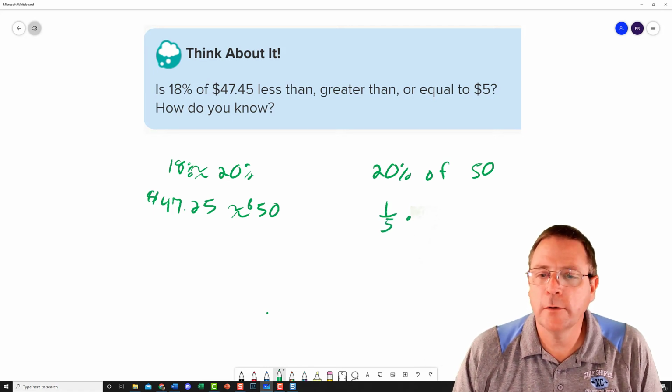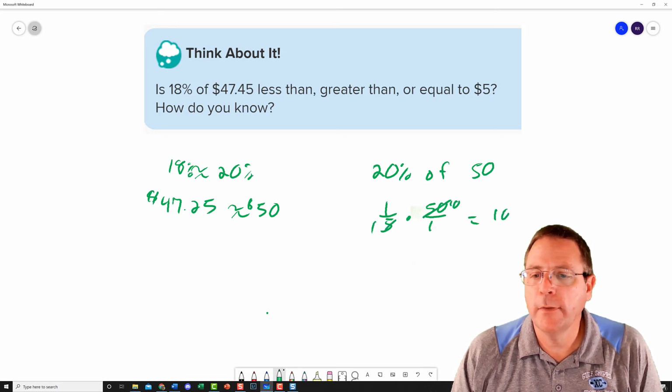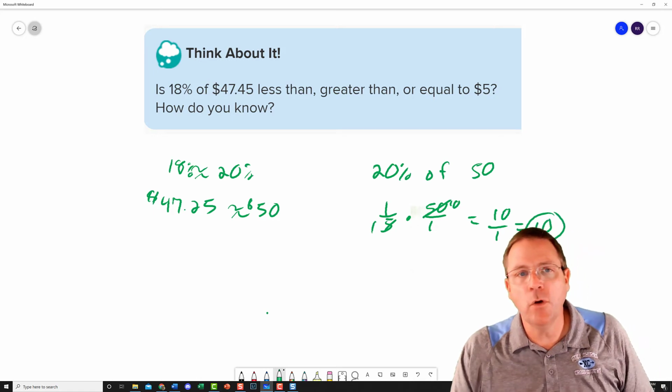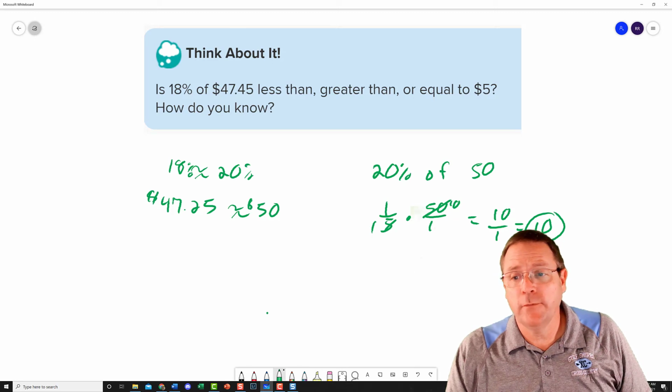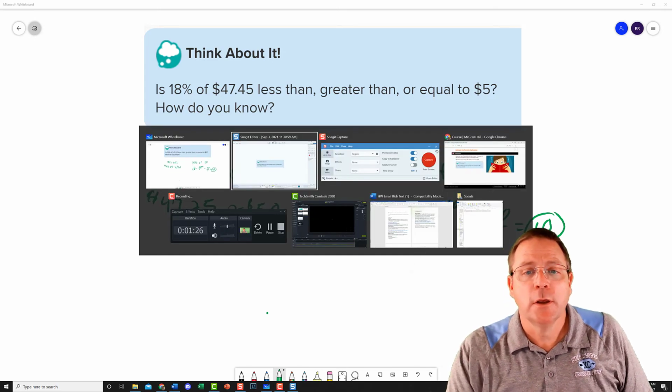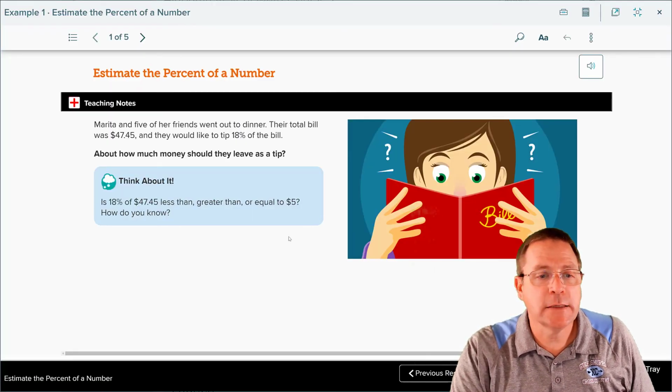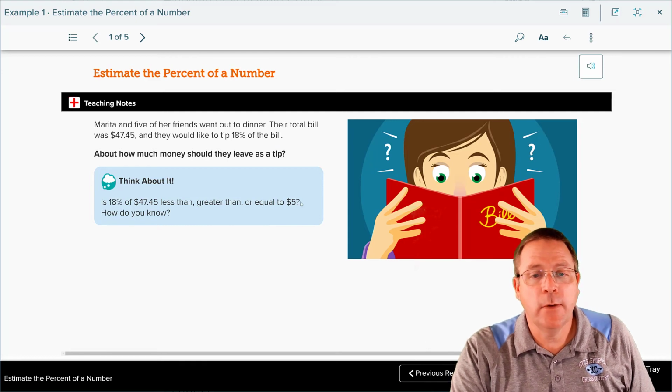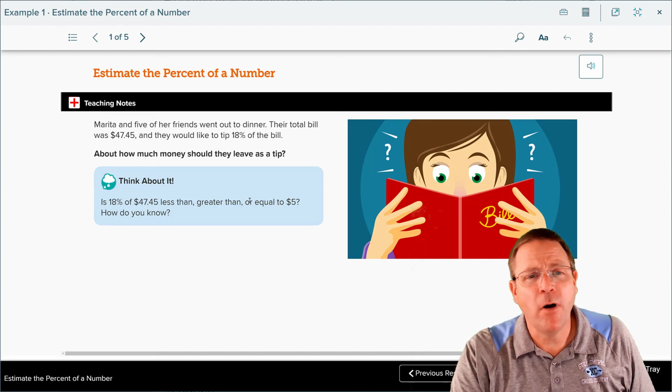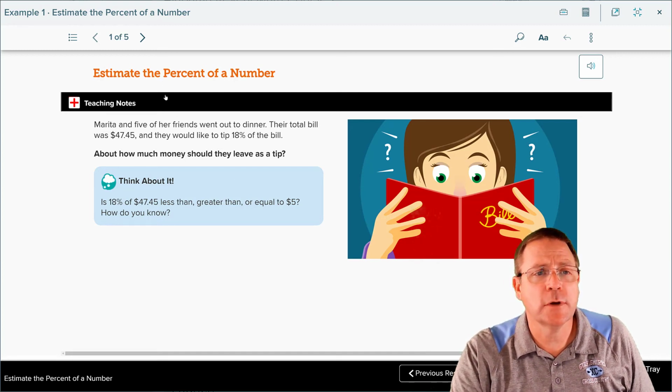If you go back to the table, 1/5 of 50 over 1, simplify and multiply, that would give you 10 over 1, otherwise known as 10. So 20% of 50 would be about $10. So going back to the question they asked, is it going to be greater than, equal to, or less than $5? It's going to be greater, because it's going to be ballpark close to $10 that they're going to leave as a tip.